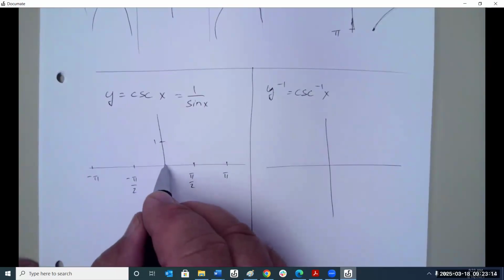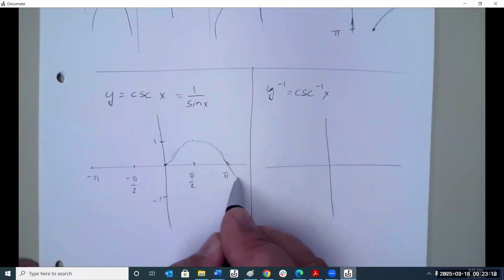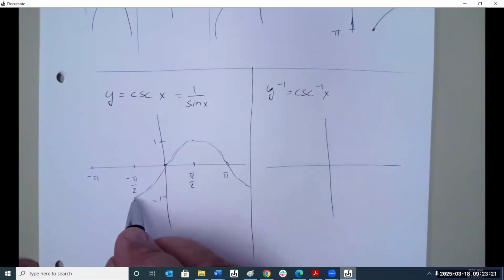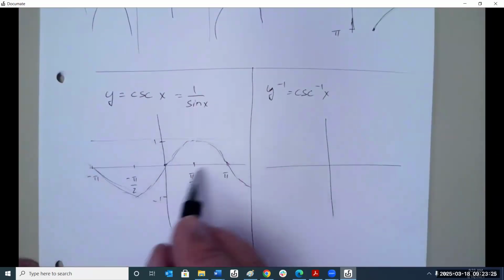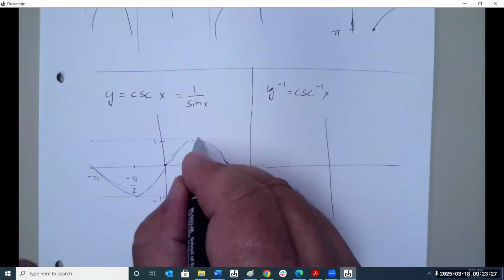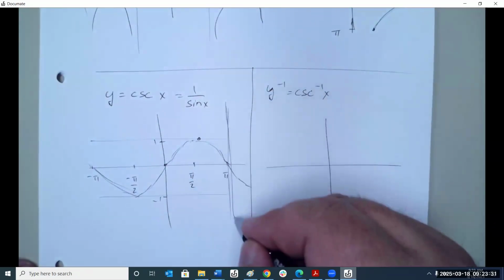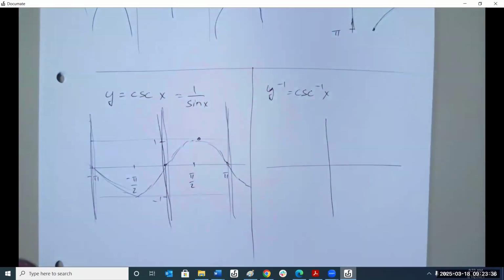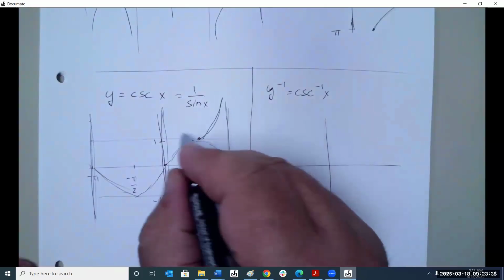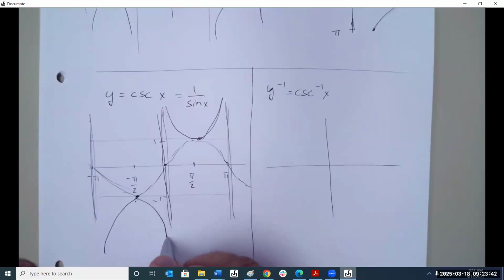Again, first draw the sine function. Since these are my asymptotes, my vertical asymptotes of my cosecant function are where sine is equal to 0. So those are the graphs.